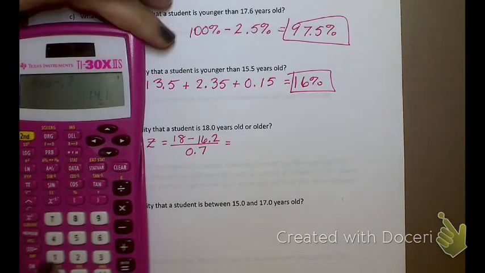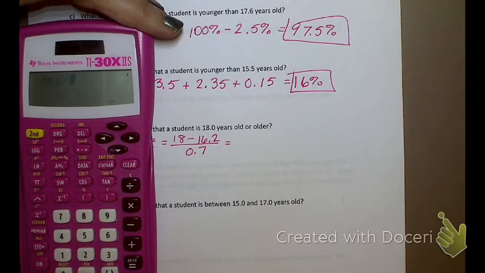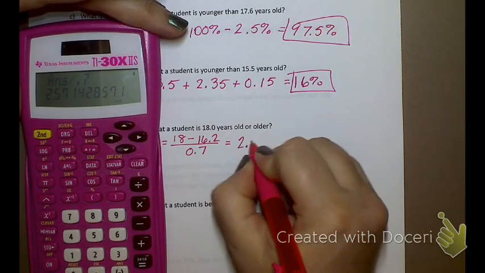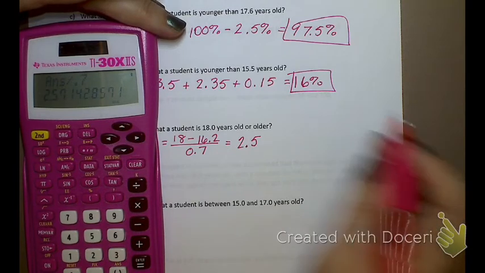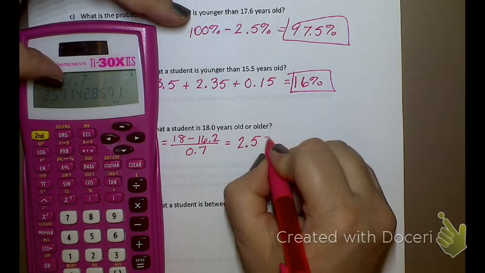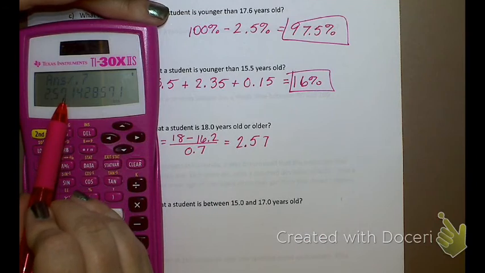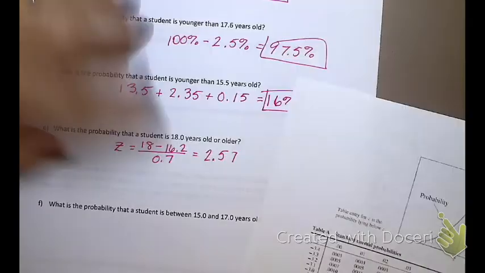So 18 minus 16.2 divided by 0.7 gives me 2.571. How many digits do I need for my z-score table? I need 2 digits past the decimal, so that's going to be 2.57. If the next digit caused me to round it, I would need to round it to 2.58 in that case. So let me grab my z-score table.